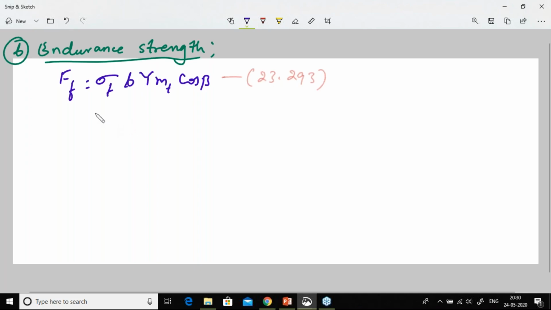By modifying the equation, we get sigma f into b pn y. B is the face width, pn is nothing but pi into mn, and y is the Lewis form factor for the weaker member. By substituting all these things, we will get Ff, that is endurance strength.